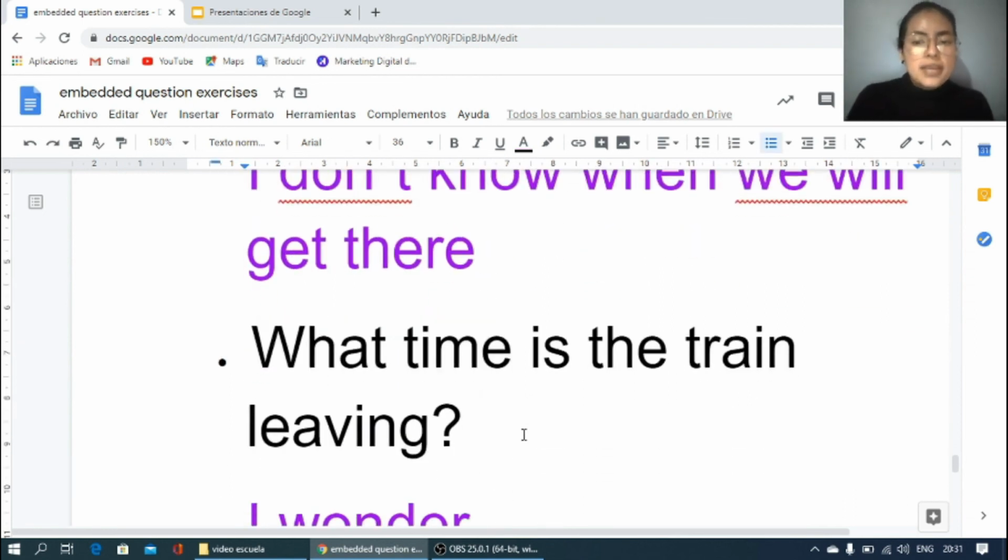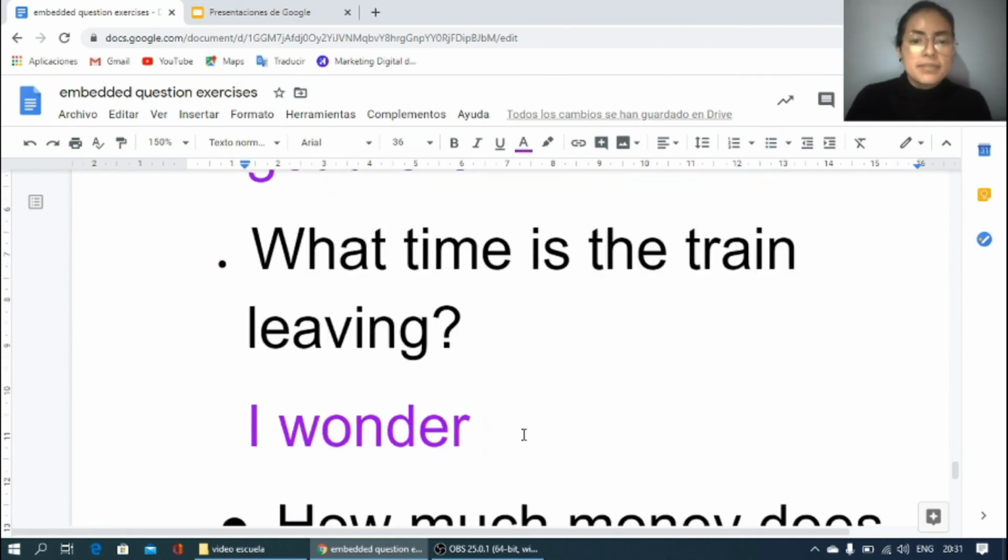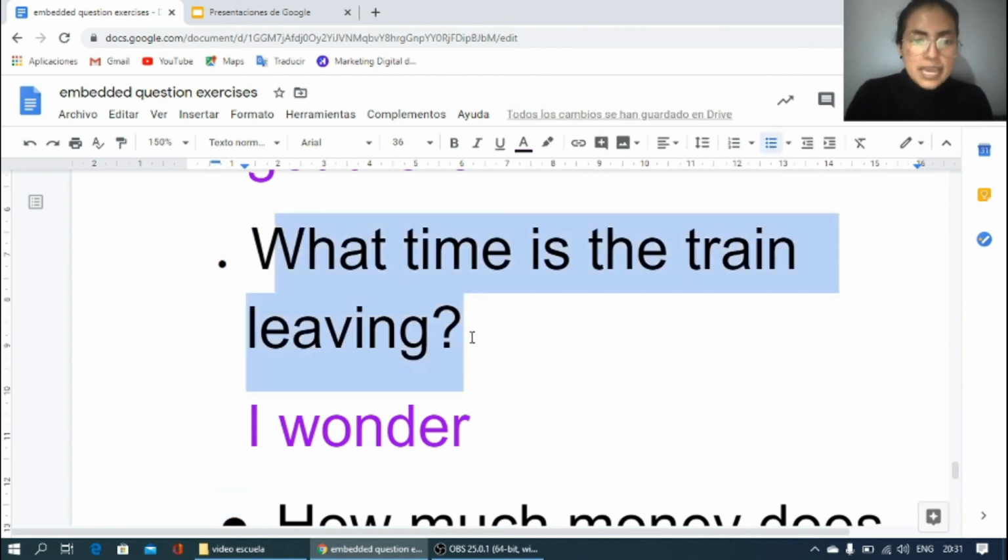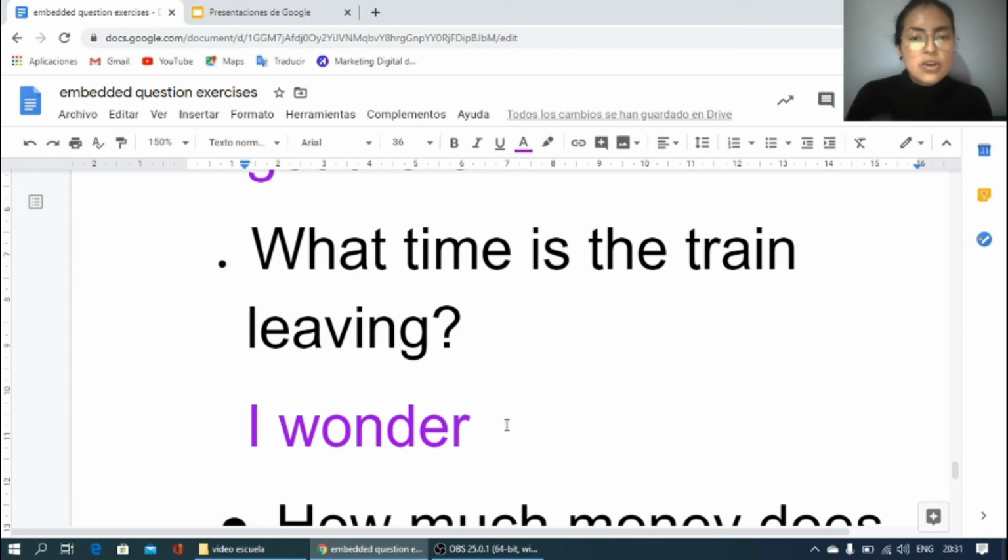What time is the train leaving? Is the same. In this case, I use I wonder. This is an affirmative introduction. Okay, and you have to write the same. Okay, the same question like a sentence. La misma pregunta como oración.